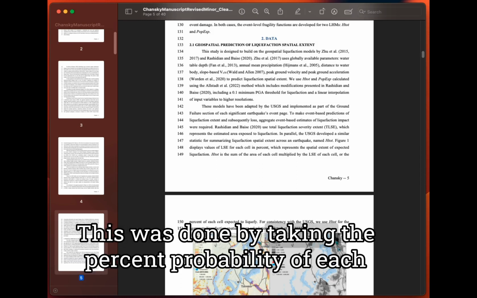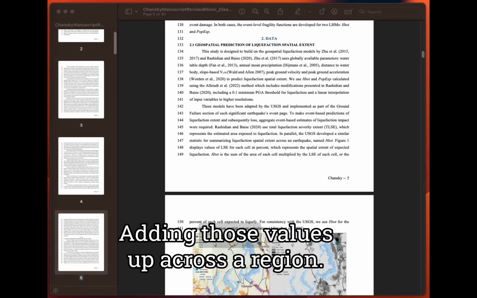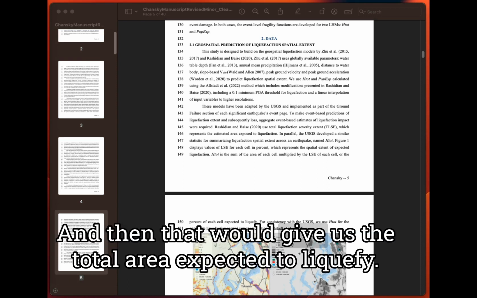This was done by taking the percent probability of each cell liquefying, multiplying it by the cell's area, adding those values up across a region, and then that would give us the total area expected to liquefy.